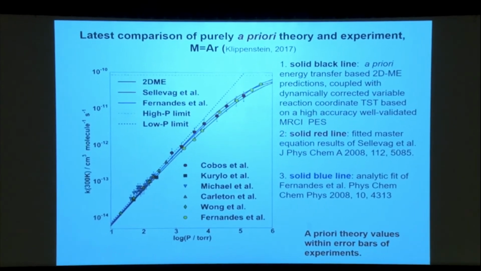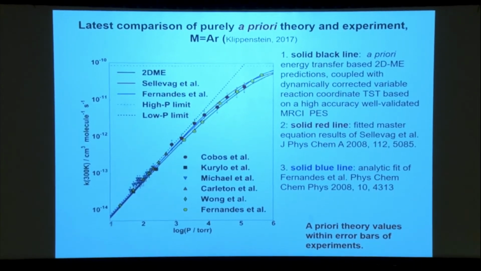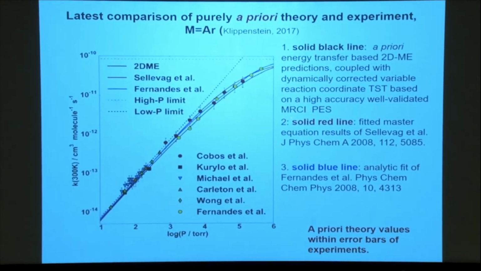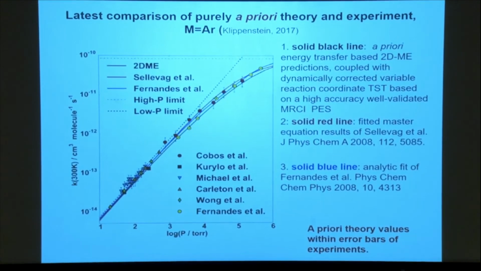So that involved a multi-reference configuration interaction potential energy surface calculation, so very high level of theory, coupled with a 2D master equation method. I haven't talked about master equation methods yet, but I'll mention them later. That's again a high level simulation of the system, and that gives us a solid black line here.